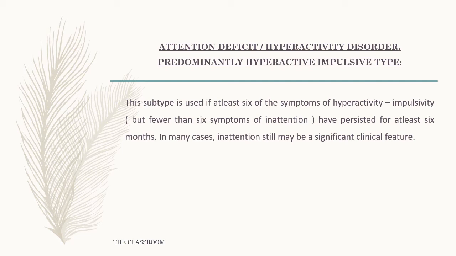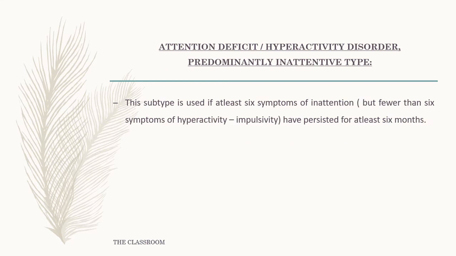So if the child has 6 symptoms of hyperactivity and impulsivity, plus some symptoms of inattention, it becomes the ADHD predominantly hyperactive-impulsive type. Now the third one, attention deficit hyperactivity disorder, predominantly inattentive type. In the previous one, it was predominantly hyperactive-impulsive type. Here it is predominantly inattentive type.